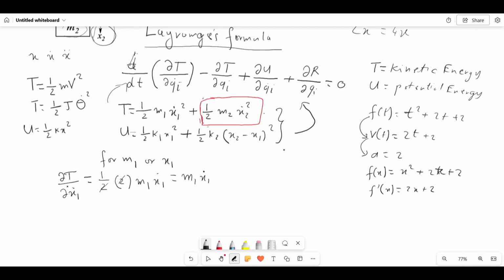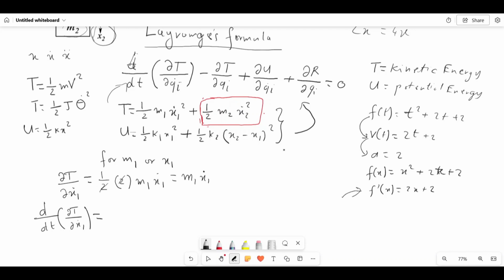Okay, the formula says that we have d in terms of time of partial t partial x dot 1. This is just the formula. And remember what I said: if my variable is time, I no longer differentiate like this. It means I am moving now from velocity to what?